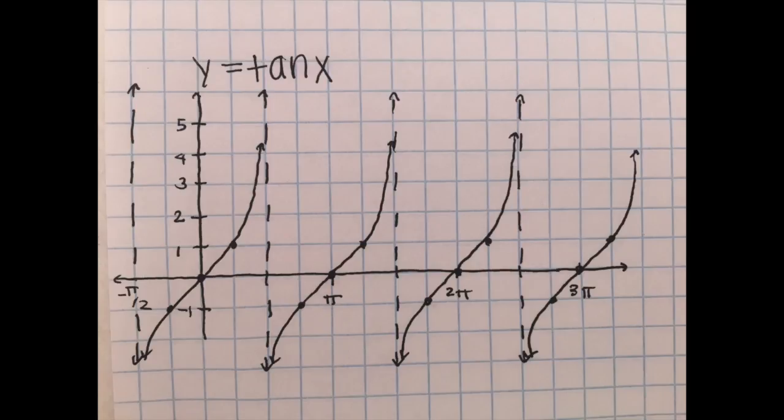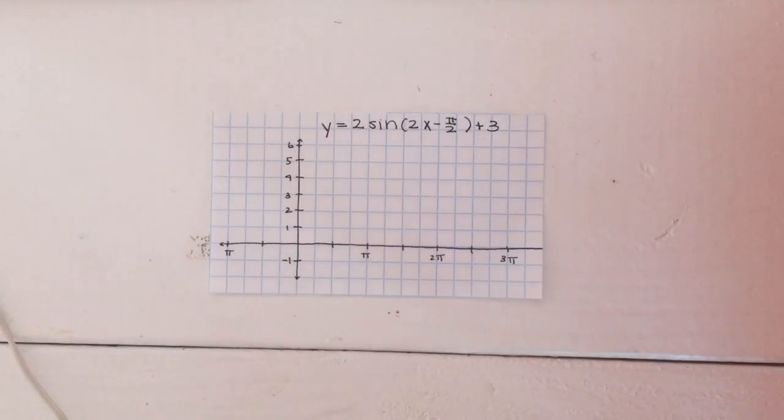So you're going to go up 1 and over 1 and down 1 and over 1 from each of those points in the center of your period, and you're going to follow the asymptotes with your lines going out.